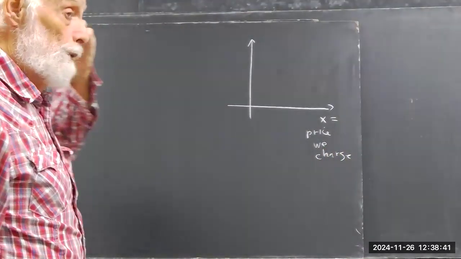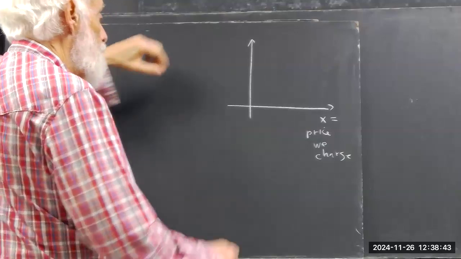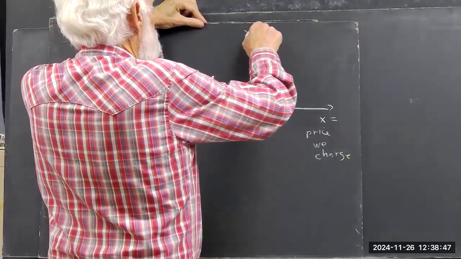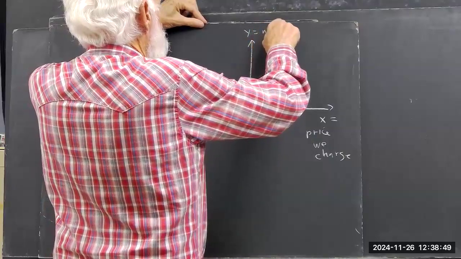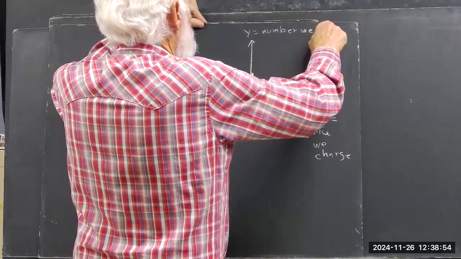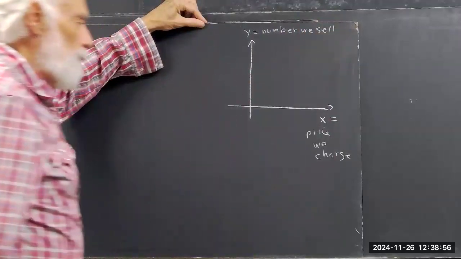X equals the price we charge, and Y equals the number we sell.